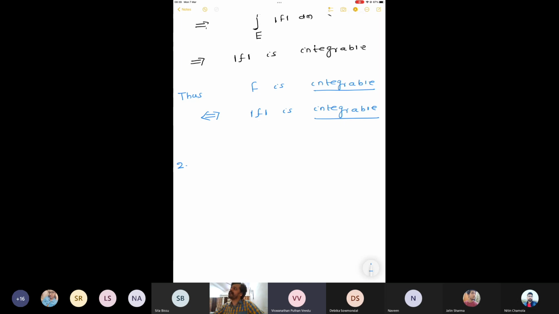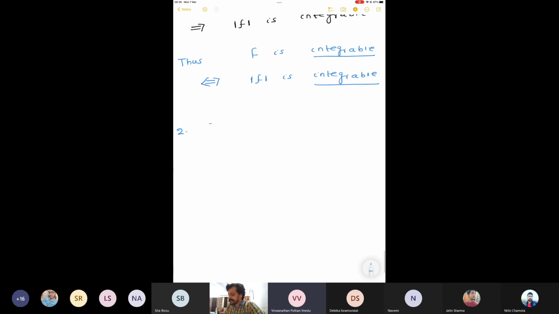And once it is integrable, you define the integral of f via the integral of f plus and the integral of f minus. That's what we have done. So one may feel that all this integrability, integral, etc. depends on how you decompose into f plus and f minus. But actually, it is independent of the decomposition. That's what I am going to say next.